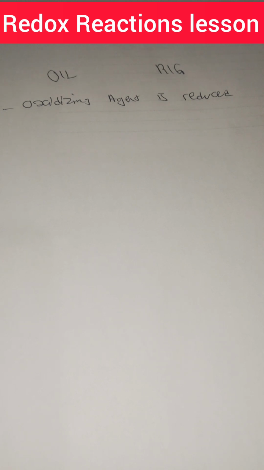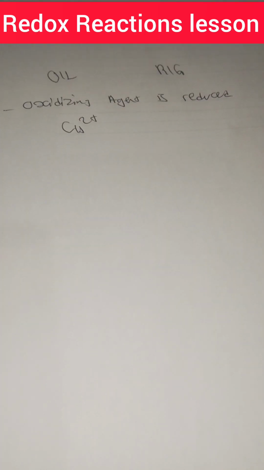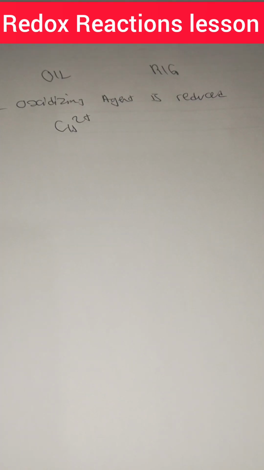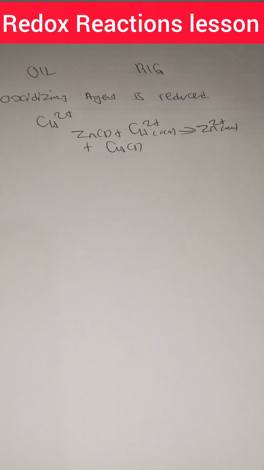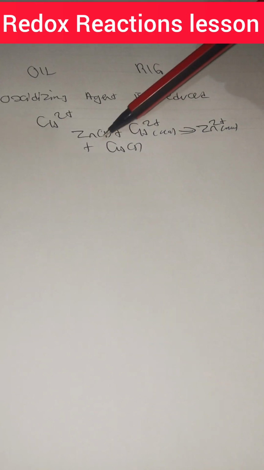So what do we mean when we say an oxidizing agent is what is reduced? Let's take for instance copper 2 plus in a reaction. The reaction is zinc plus copper 2 plus gives Zn2 plus plus copper. Let's observe clearly.